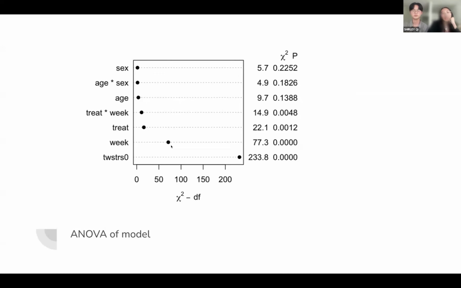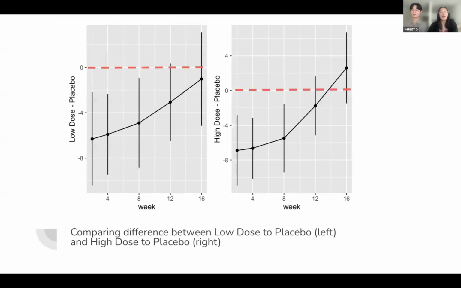And then after that, we can see that week, treatment, and then treatment interacting with week have relatively high significance as well, which tells us that those are probably affecting the subjects in some way. And then finally, age and the interaction with age and sex don't have much significance on the effect at all, which is good.